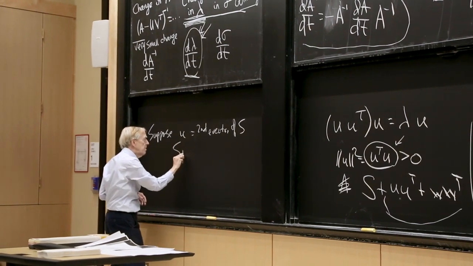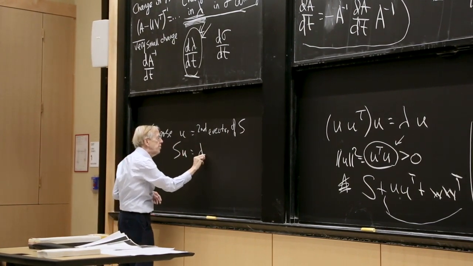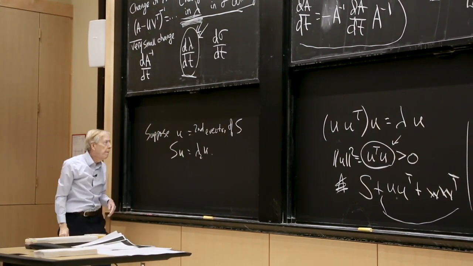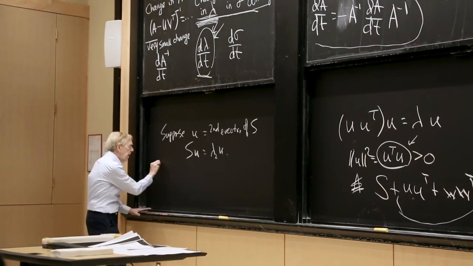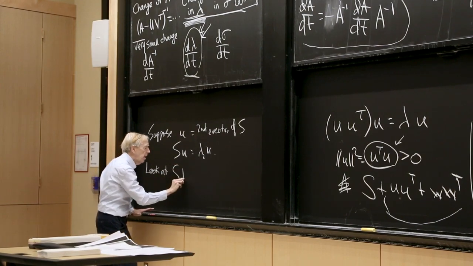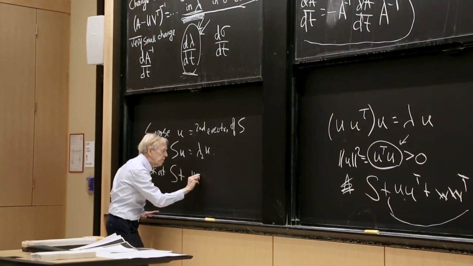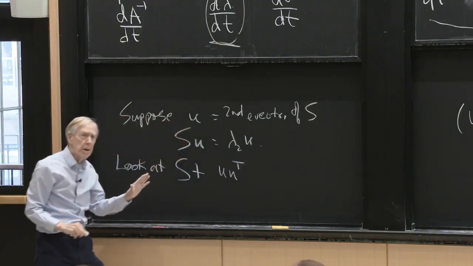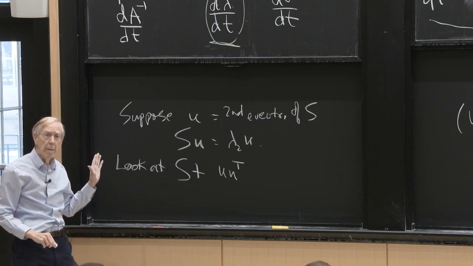I mean that S times u is lambda 2 times u. Now I'm going to change it: S plus u u transpose. That's what I've been looking at, and that moves the eigenvalues up.